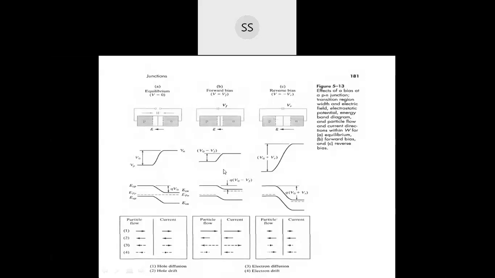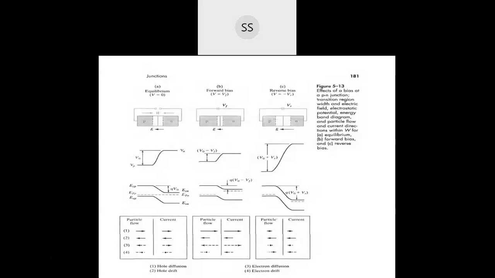Coming to this drift current part, this particular drift current is limited by a certain condition. What is that? It mainly depends on how often the carriers are swept across the barrier.